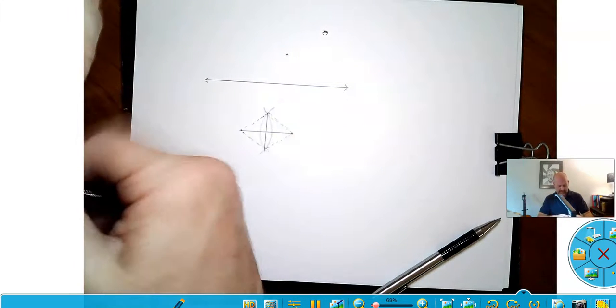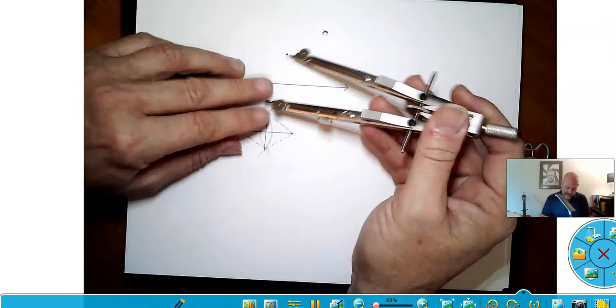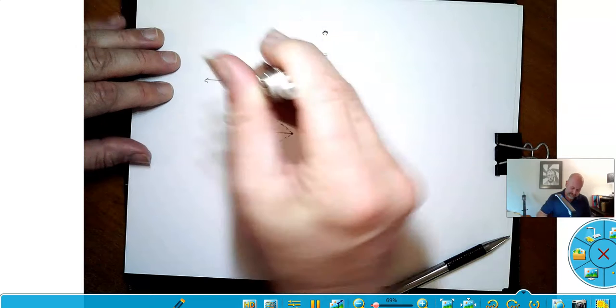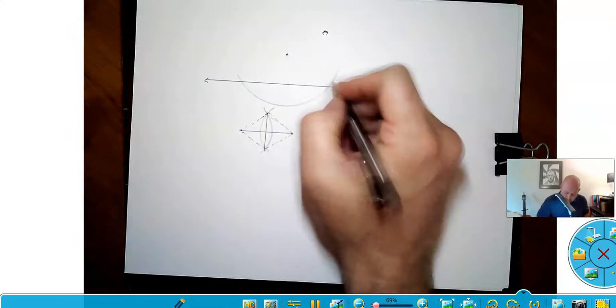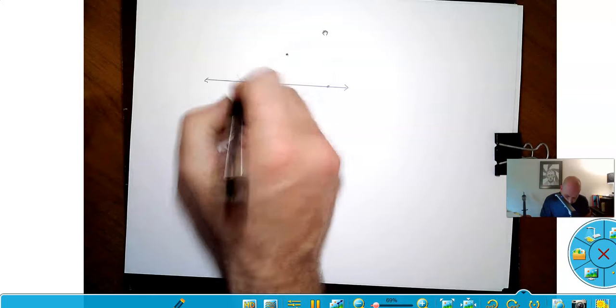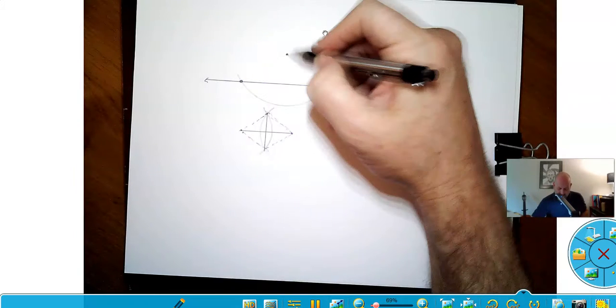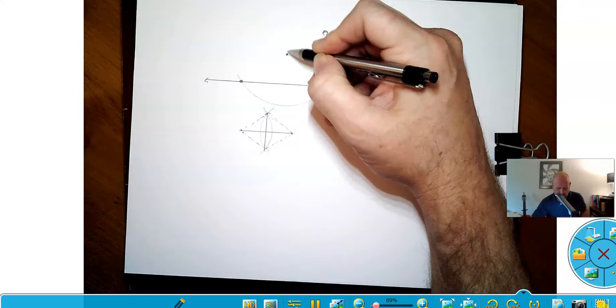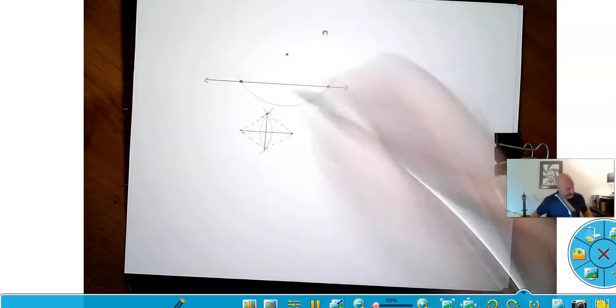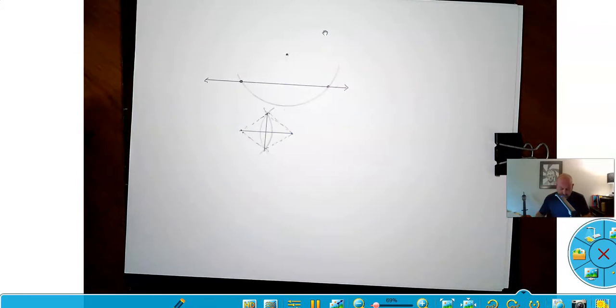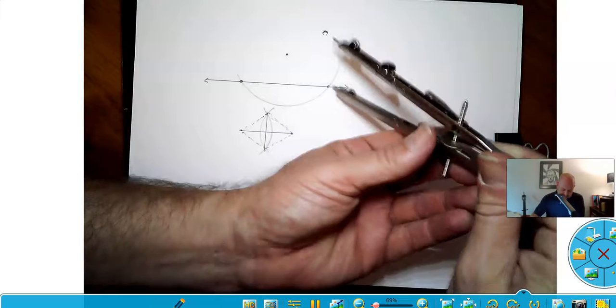Okay, so let me go ahead and mark that segment off. Okay, so now what we just did was we created a segment, and we know the perpendicular will go through this point. So all I need to do is find the point on the other side that makes it perpendicular. And so now that I have a segment, I can just bisect this thing.